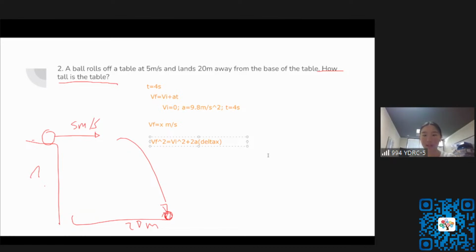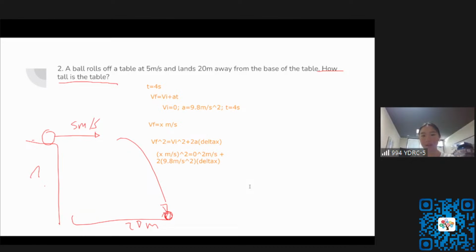After that, we can plug this v final into this equation. And delta x here represents this height. So then we just end up doing x meters per second, squared, equals 0 meters per second squared, which is just 0 squared, because that's the initial for vertical, plus 2 times 9.8 meters per second squared, and delta x.